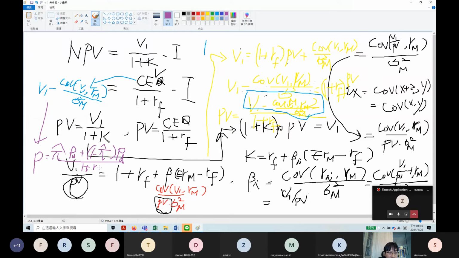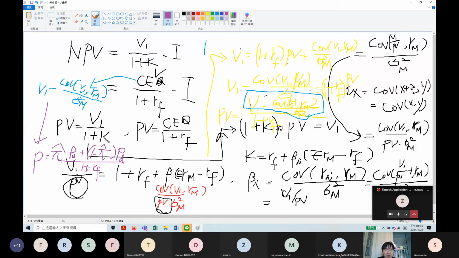So the risk neutral methodology model is partly the same as the CEV model, but the denominator is different.